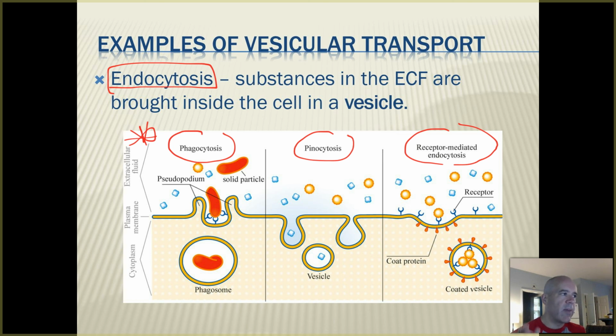P-H-A-G refers to eating, so phagocytosis can literally mean cell eating. And this is a process that your white blood cells use, for example. White blood cells act as little warriors, and they're supposed to capture things like bacteria and viruses and bring them inside, and then they destroy them. Once they've brought them inside, they kill them and digest them.